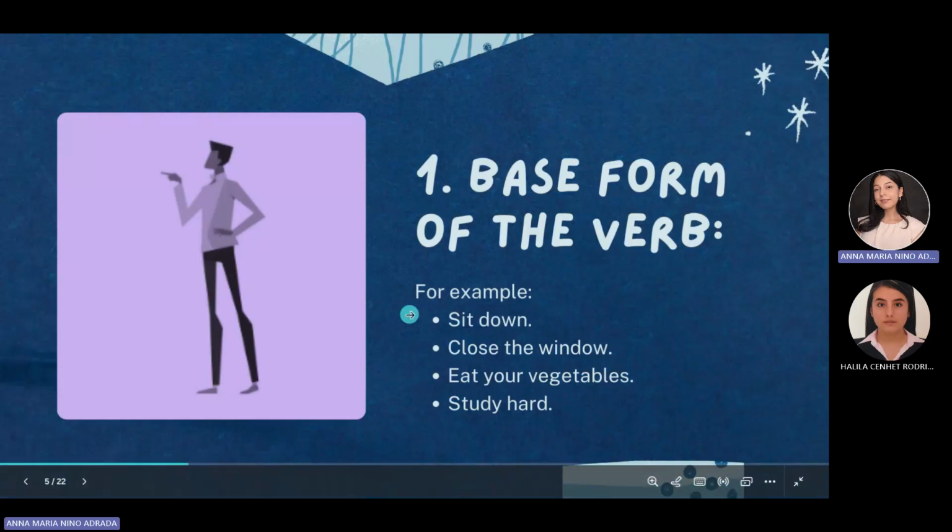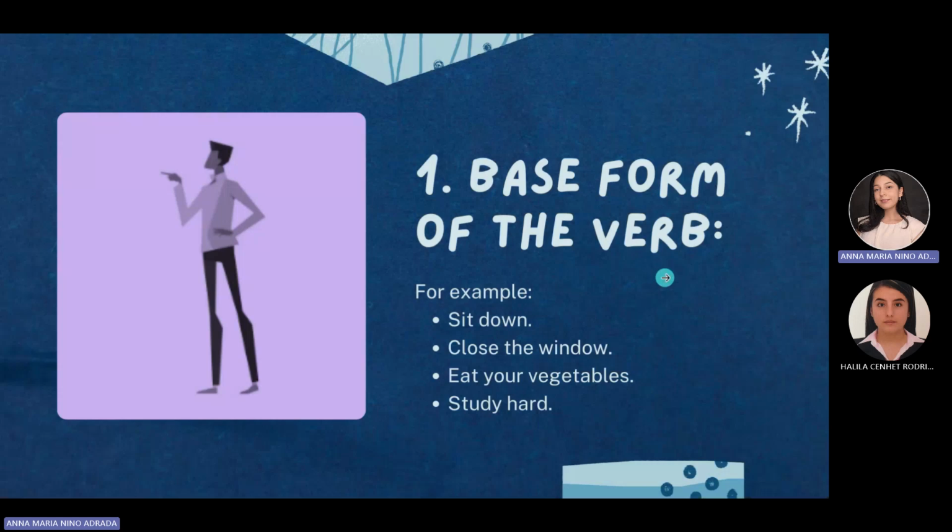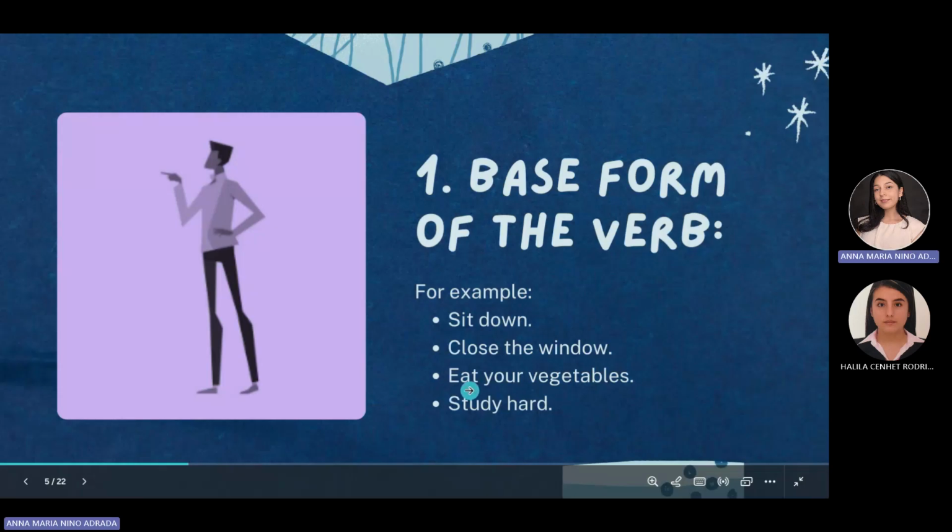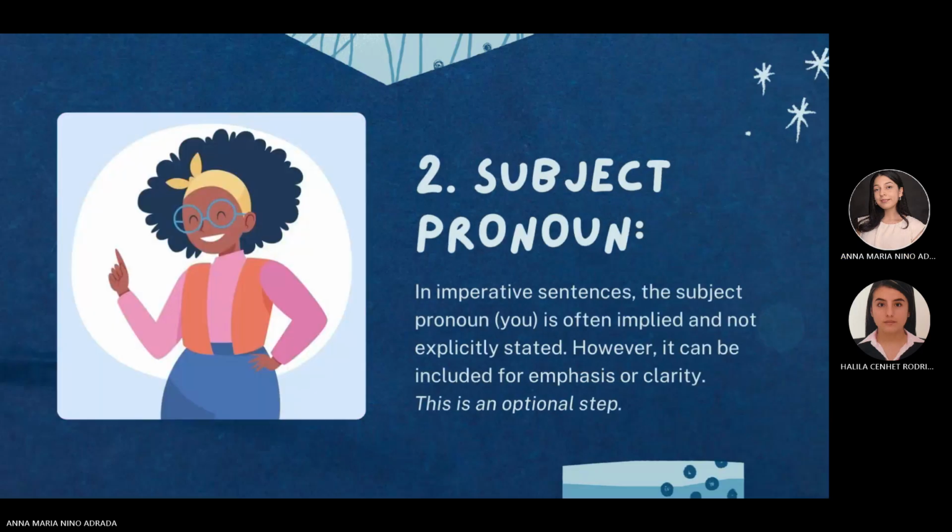Since these are the base forms of the verbs, it could just be a full sentence to say sit, close, or close it, or just eat, study. Even if we just say the verb, it would count as a full sentence because the intention is for it to be an imperative command. So that's the base form of the verb.